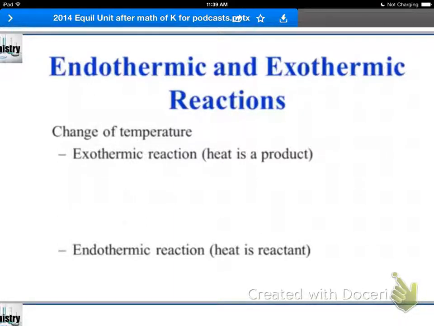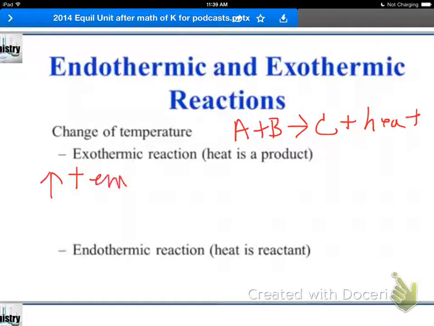So you've got to know whether or not your reaction is endothermic or exothermic. If I have an exothermic reaction, I'm producing heat. So let's say I have A plus B giving me C plus heat. And if I increase the temperature, I can consider that to be increasing the heat, right?